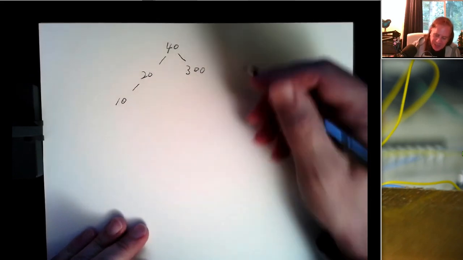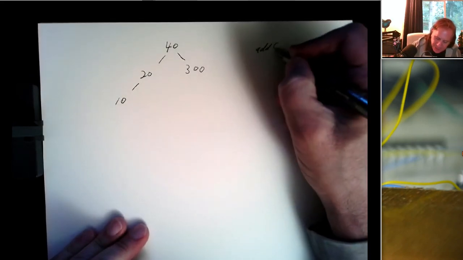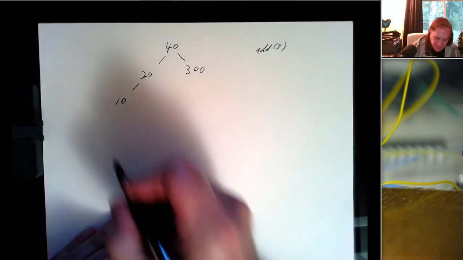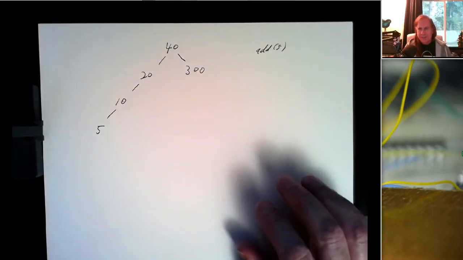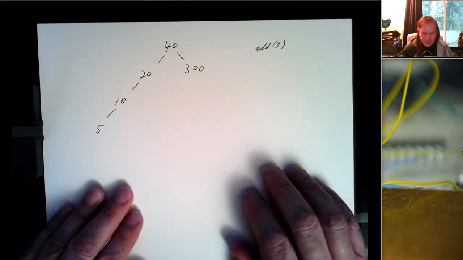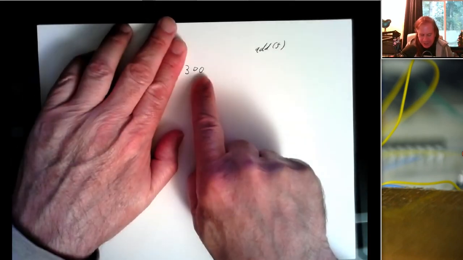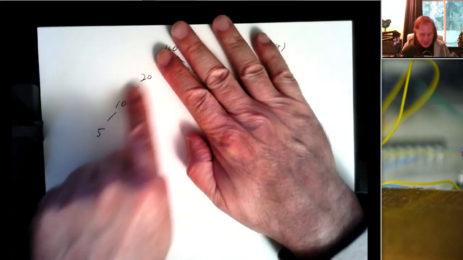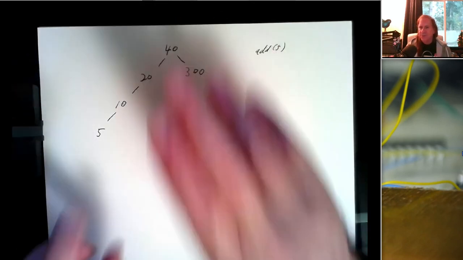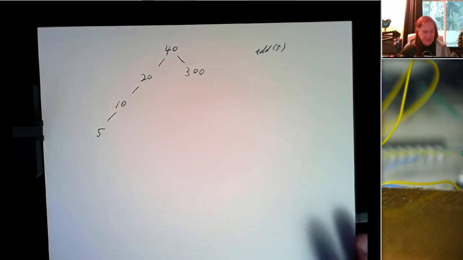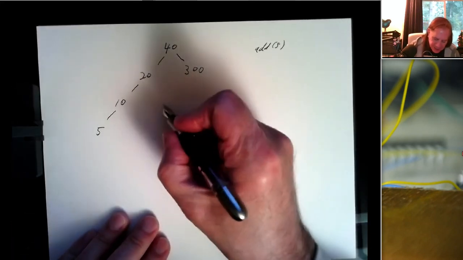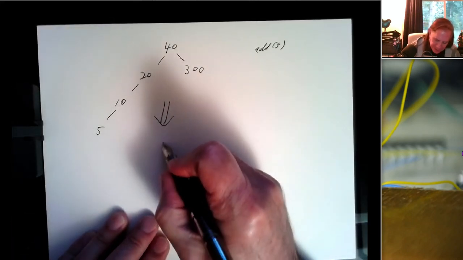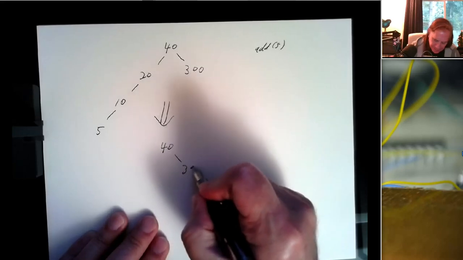Now suppose I add a 5. I would put a 5 over here. Well, this tree is no longer balanced. The problem is the right subtree has a height of 0, the left subtree has a height of 2. 2 minus 0 differs by more than 1. But we can adjust this and turn it into the following.